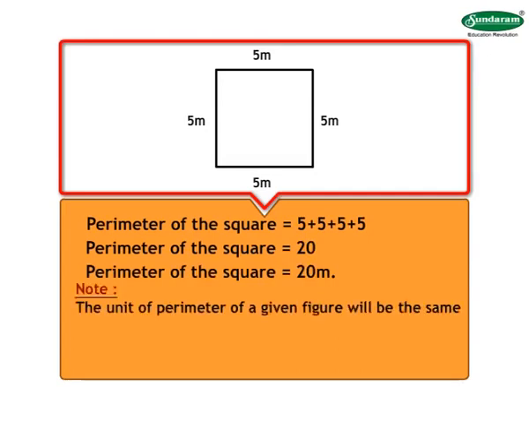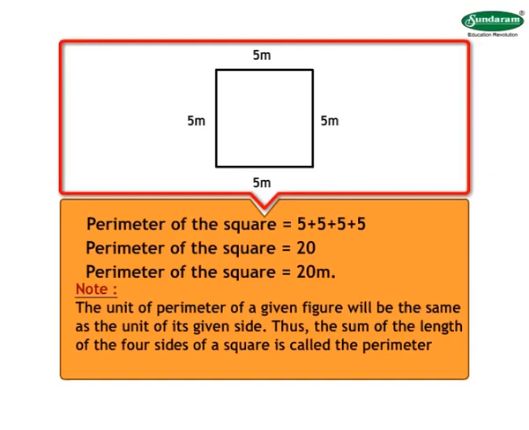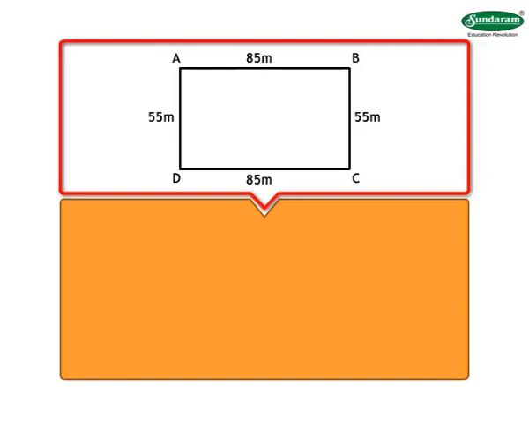Note that the unit of perimeter of a given figure will be the same as the unit of its given side. Thus, the sum of the length of the four sides of a square is called the perimeter of the square. Let us now consider the geometrical figure of a rectangle.